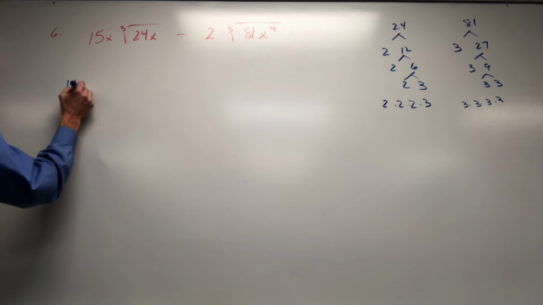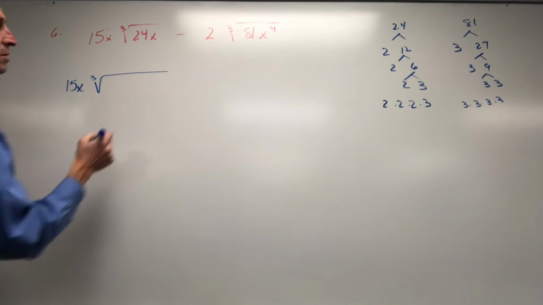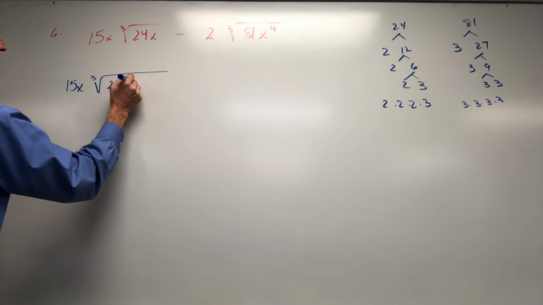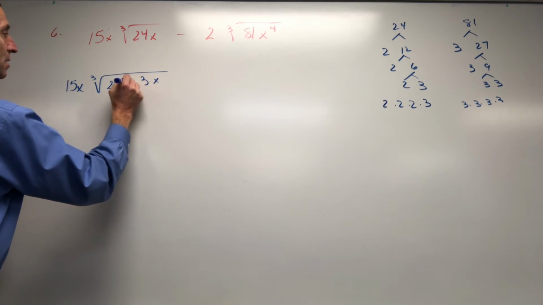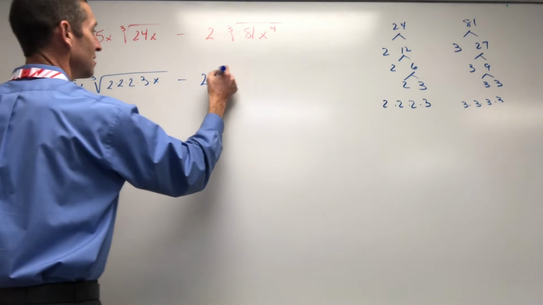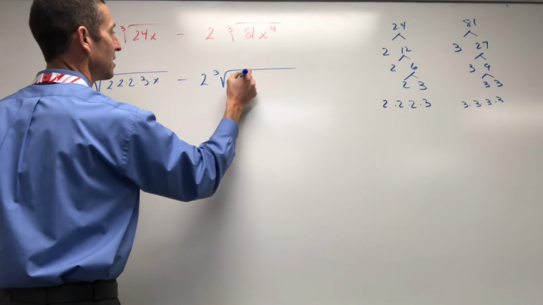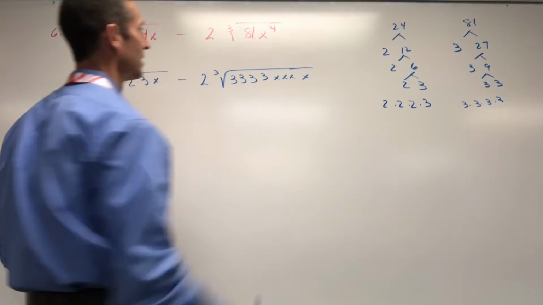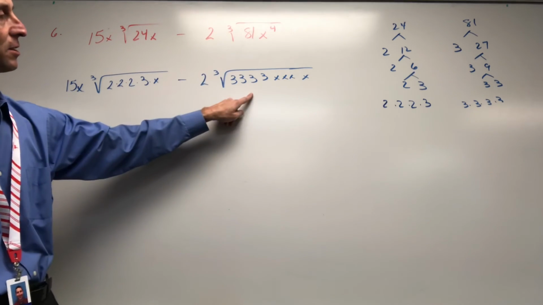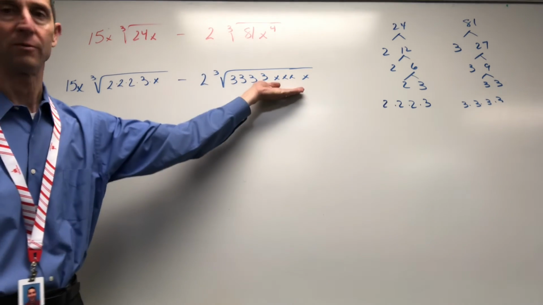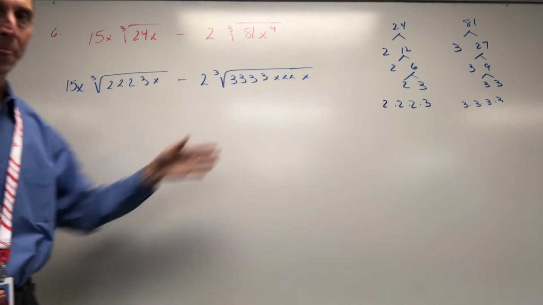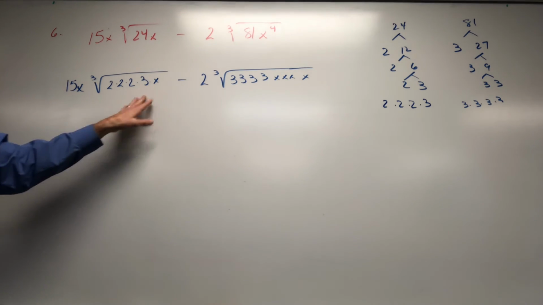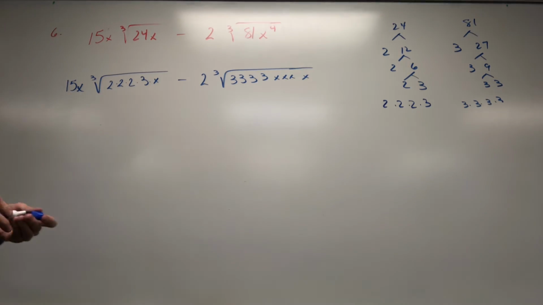Let's get it in there. 24 is 2, 2, 2, 3x. 81 was all those threes. And don't forget, you got all the threes, but x to the fourth, you've got to write your 4 x's. So we've got everything spelled out.